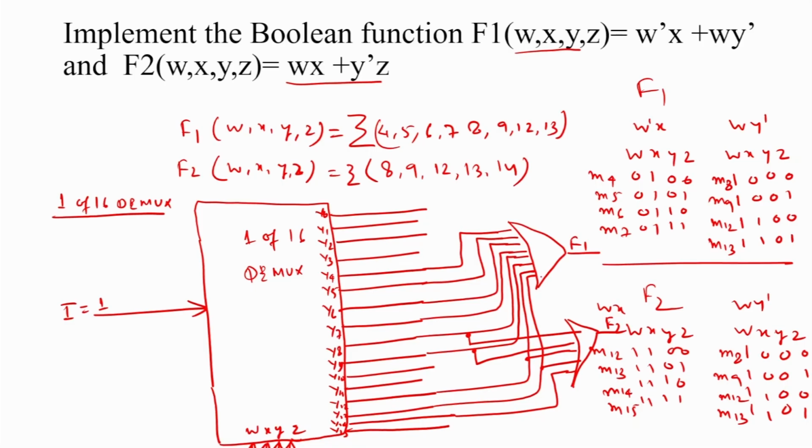This means there are 2 OR gates. The number of inputs of each OR gate depends on the number of min terms in each function. Suppose function f1 contains 8 min terms, then f1 is connected through an 8 input OR gate, and f2 is represented through a 5 input OR gate, because it has 5 min terms.